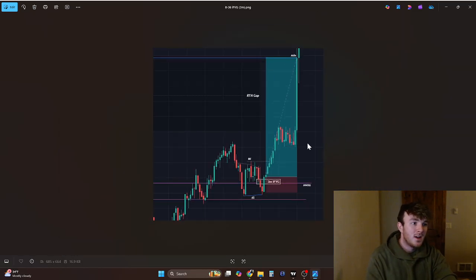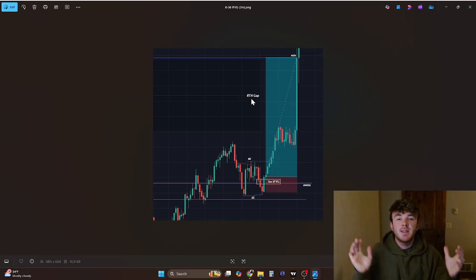And so, with the conviction in the overnight gap, once again, when you guys don't know what to use for bias, overnight gaps are going to be like the best thing in the world. Overnight gaps make it so easy.